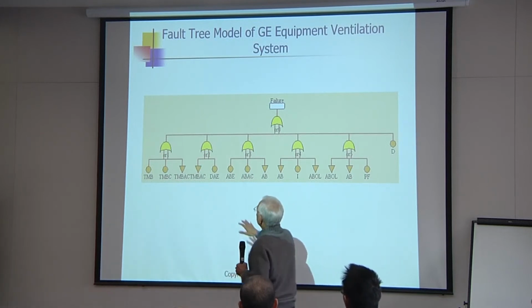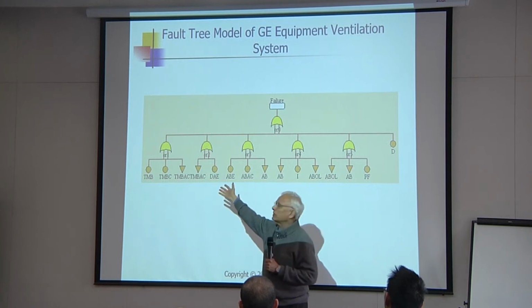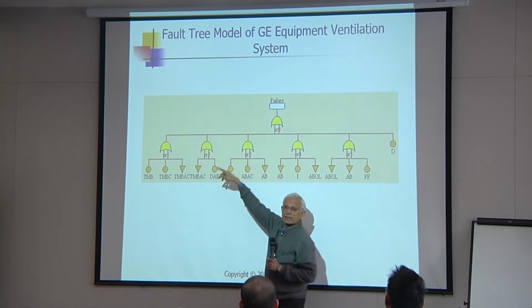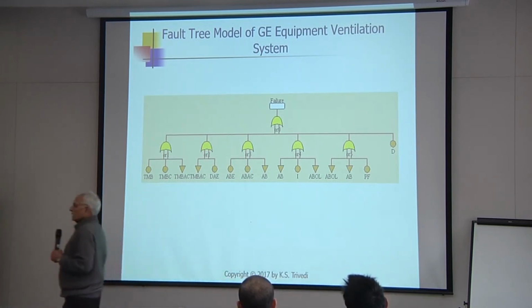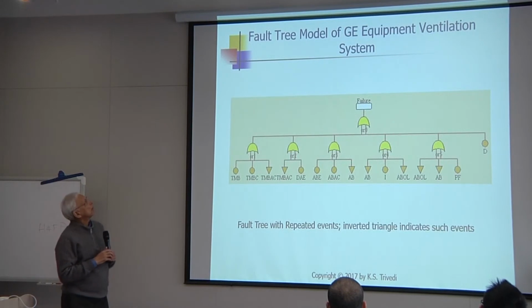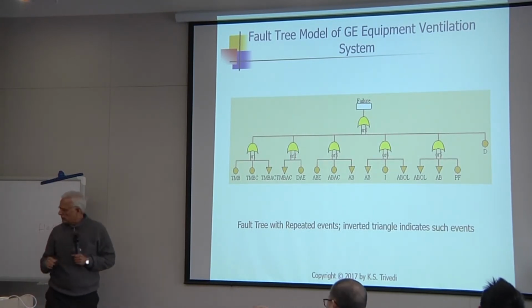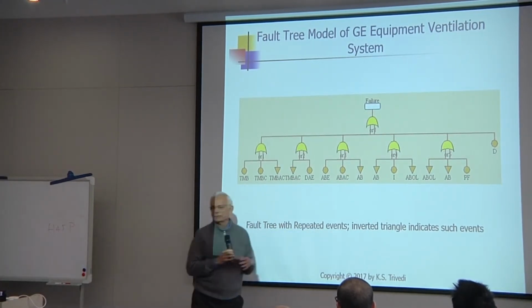But this of course creates difficulty in solving. This is a little more difficult to solve, because when you come up here, there is independence, right? So another fault tree from GE equipment ventilation system, or is it a different one? No, I was just pointing out that it is a fault tree with repeated events, right?